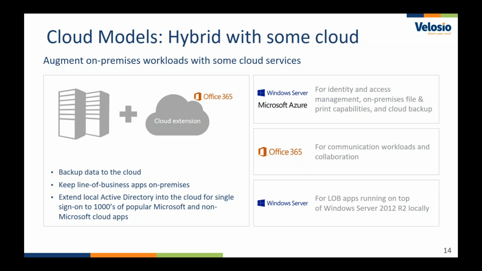Some of those cloud services would be just backing that data up online, which really becomes a great business continuity plan, because if you do lose your infrastructure, at least you have a copy of your data somewhere you can grab it and just pull it down and reinstall it. Another great way is doing Office 365, just moving your communication workloads and your collaboration workloads to the cloud and letting everything else run on premise.